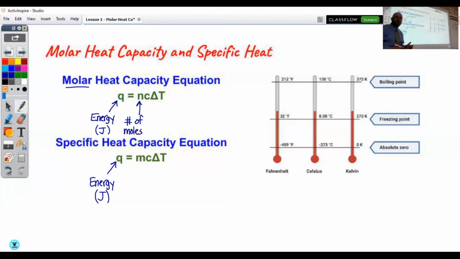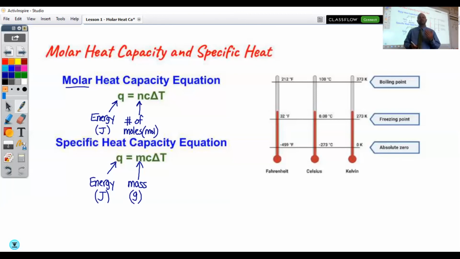In our specific heat capacity equation, instead of having moles, we have an m. And an m is going to represent mass. And instead of it being in units of moles, like we would see up here, we're going to have mass in units of grams. The next part, the C in both of these equations, stands for a constant.